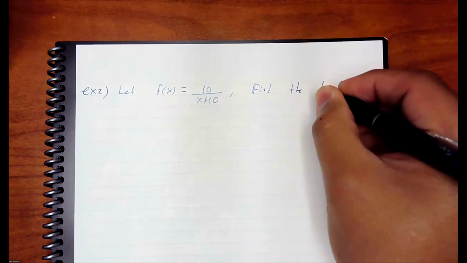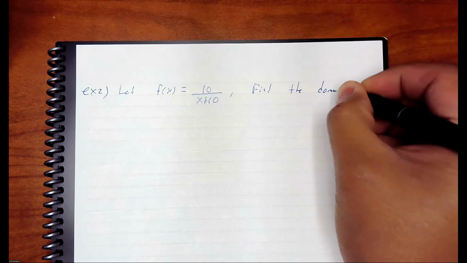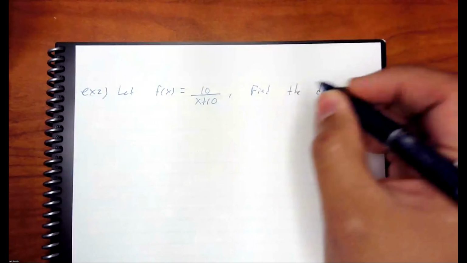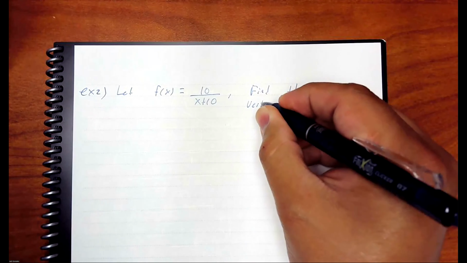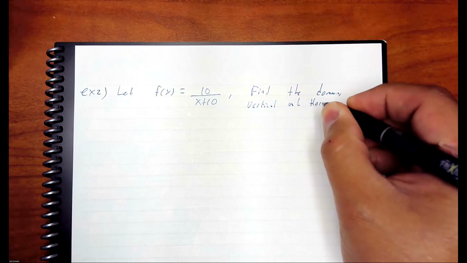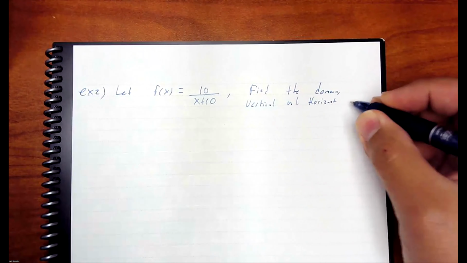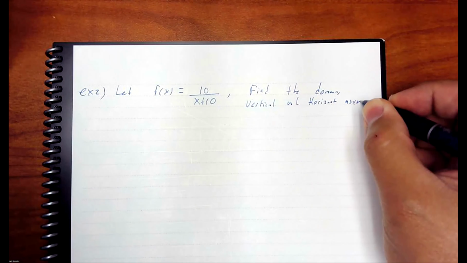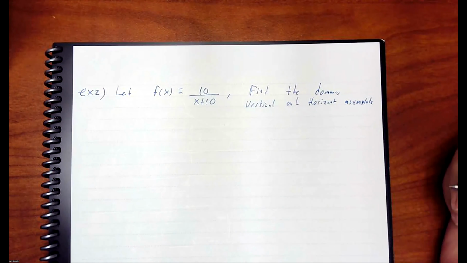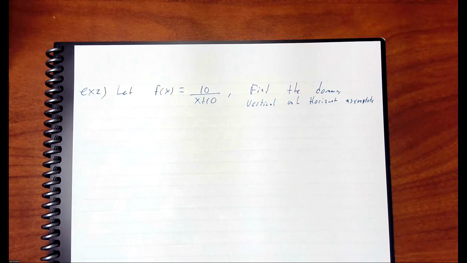Find the domain, vertical and horizontal asymptote. I don't have enough space. Okay.